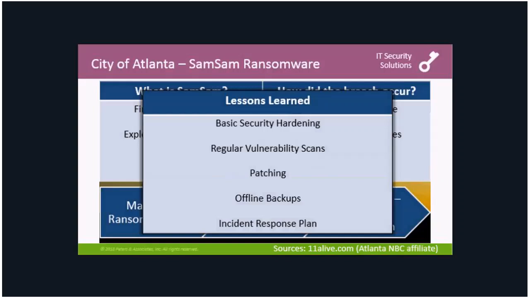Regular vulnerability scans. Understanding what your vulnerabilities are. We prefer to scan on at least a quarterly basis, though we understand that there are costs that come with running a scan on that kind of frequency. At the very least, do a vulnerability scan on an annual basis to see where you might be at risk.